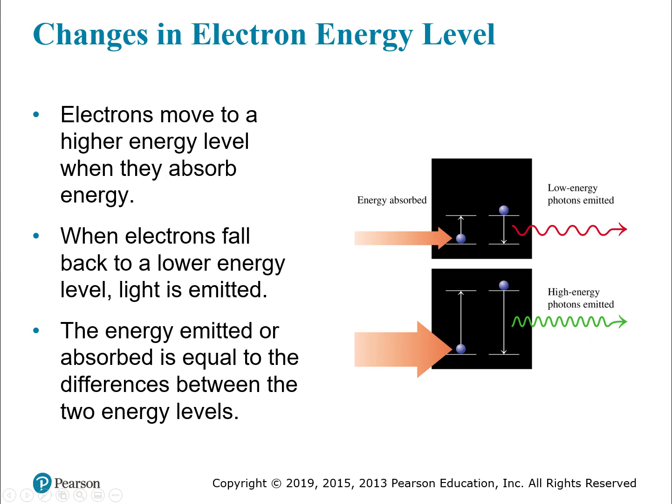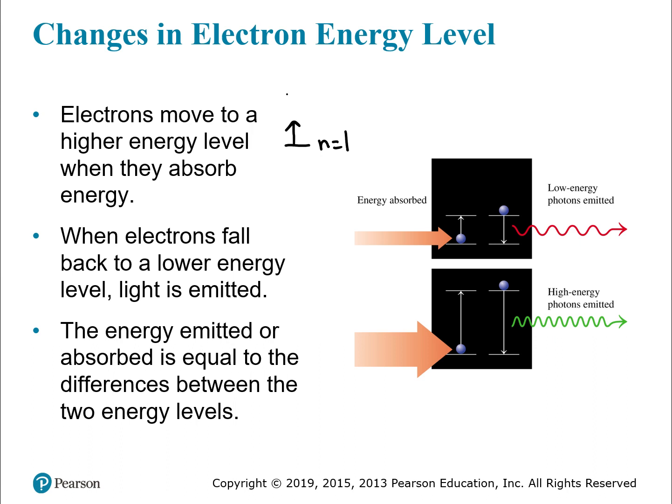So we talked about these electron energy levels. Electrons can move to different levels based on if they absorb energy or release energy. So let's say that we have an electron in n equals 1, and I'm going to use an arrow as an electron.